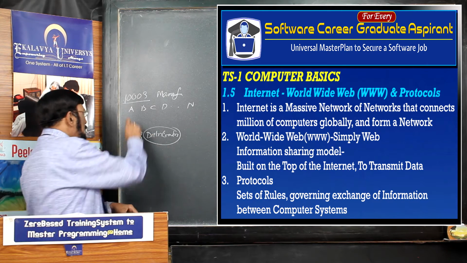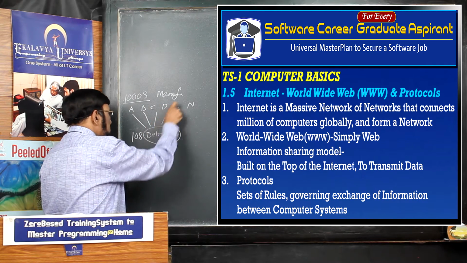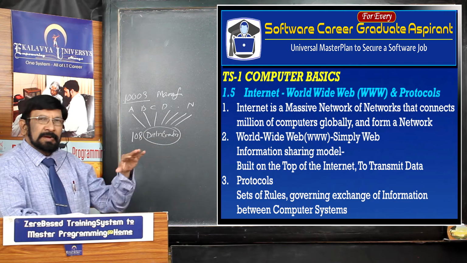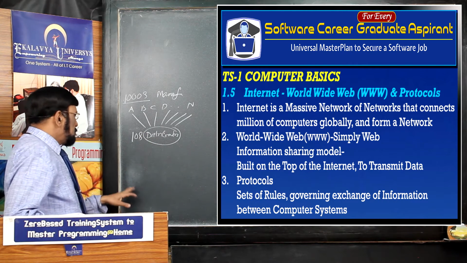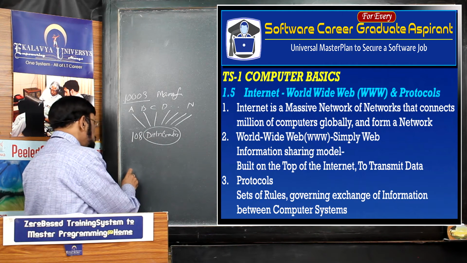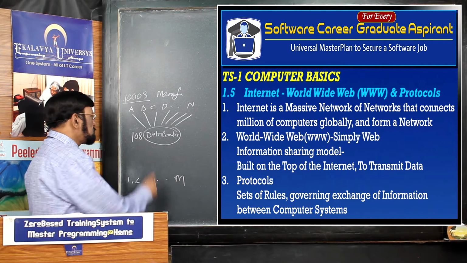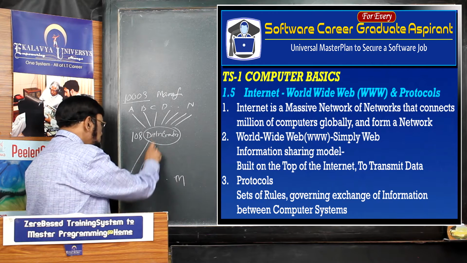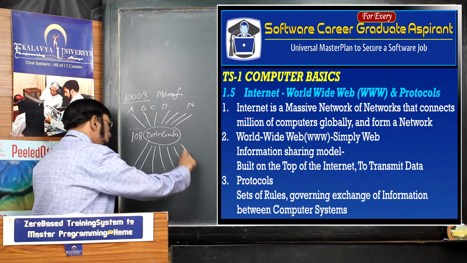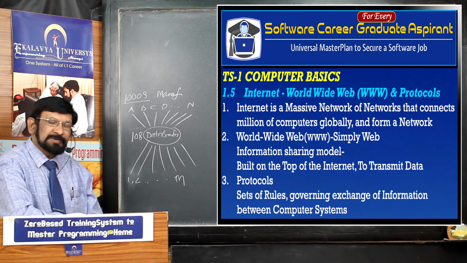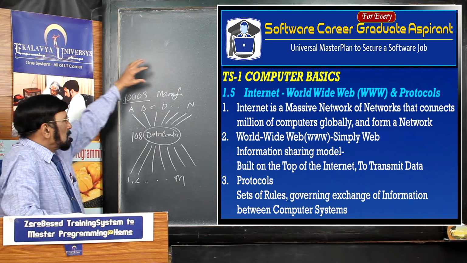They provide all their products to the distributors, and through the distributors, it reaches the consumers. There are millions of consumers, millions and billions of consumers. Through the distributors, these products are supplied to the consumers. Just understand this model.